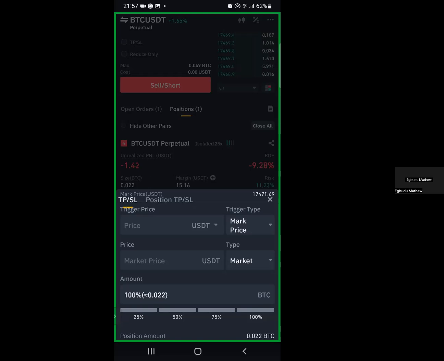If the analyst said your stop loss will be 17,800, you go to where you have SL, you input 17,800. What it means is if the trade goes against you, once price action gets to 17,800, it will close automatically by itself.